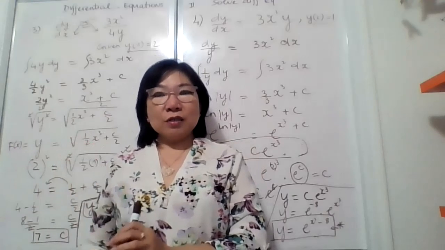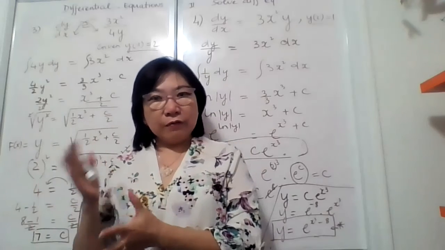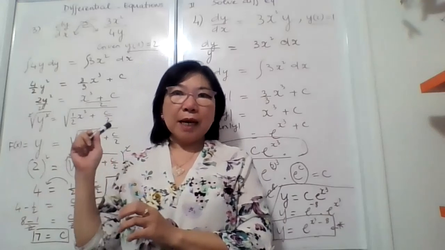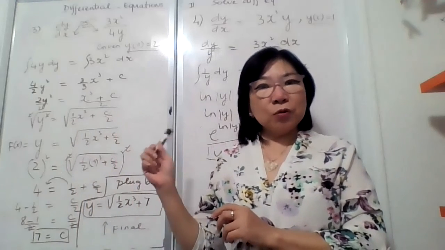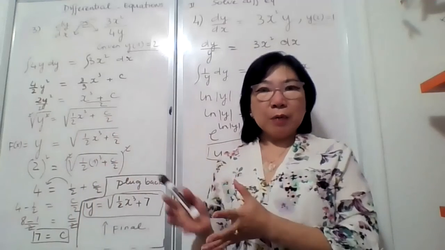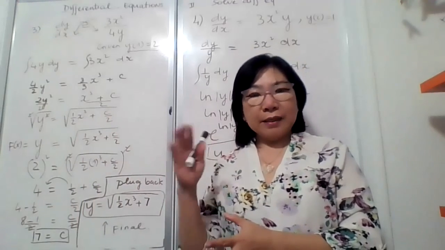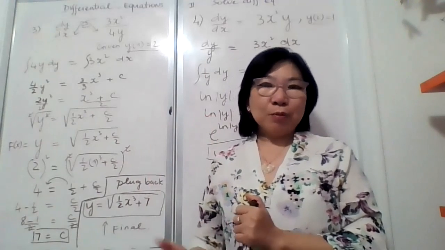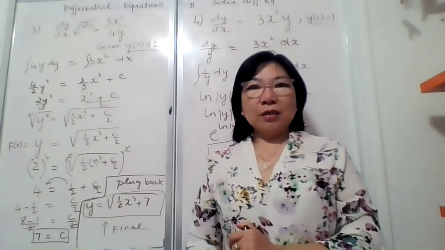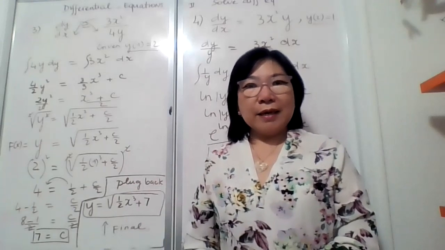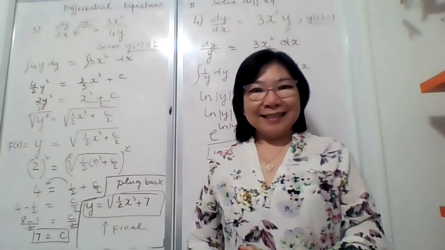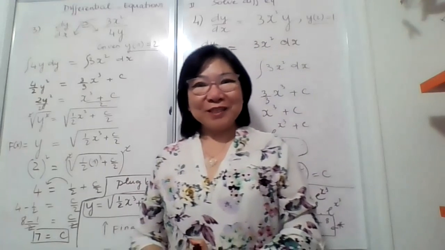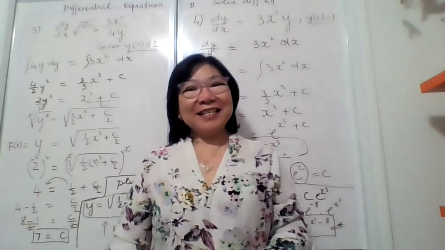Now, in the second course, it's the same idea you are already familiar with, but we apply the law of natural growth using the differential equation. So we come up with the formula, and we're going to apply that formula to solve our economic problem, or the population growth, or the decay value, and things like that. I hope you enjoy my video today, and stay tuned for the next video.